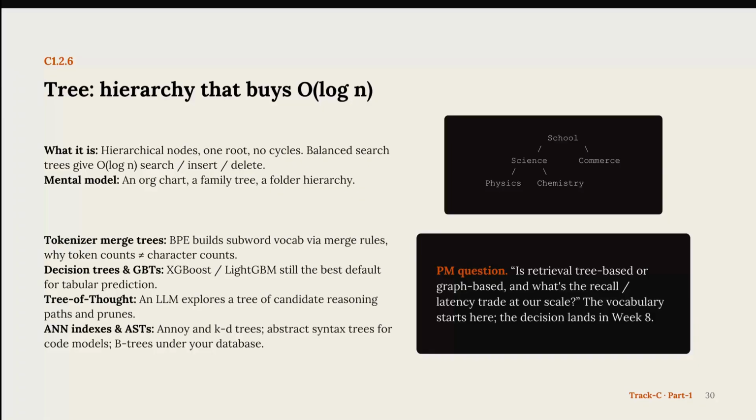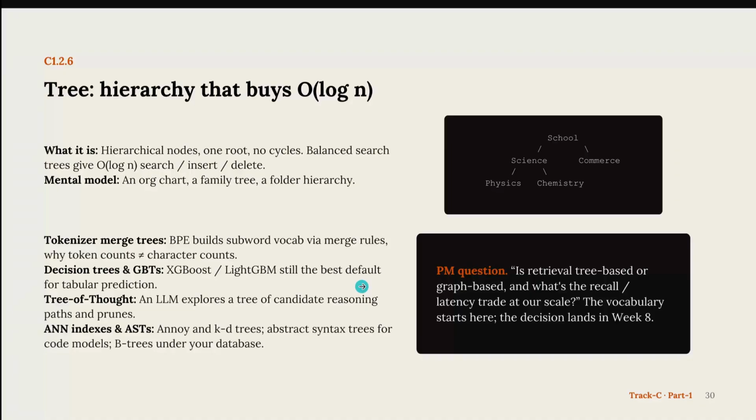It helps in decision trees and gradient boost techniques: XGBoost, LightGBM, gradient boost machines. Still the best default for tabular prediction. Tree of thought: an LLM explores a tree of candidate reasoning paths and prunes. This is very important because we are going to look at it in algorithms as well.